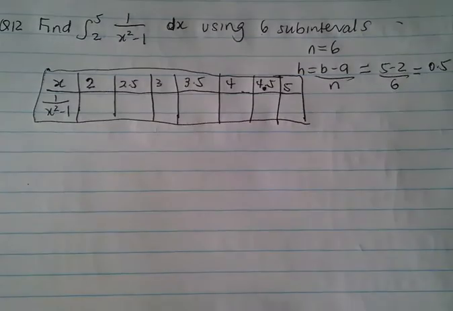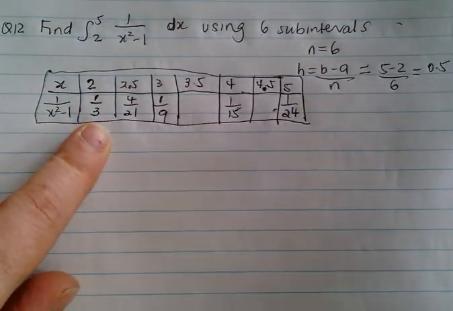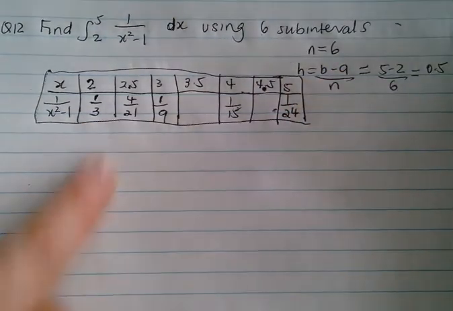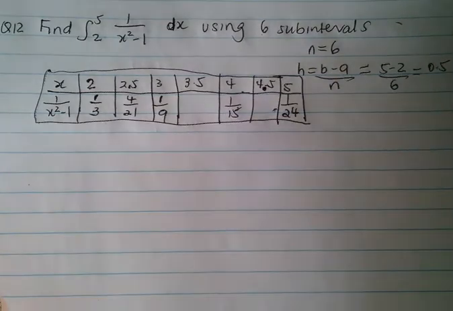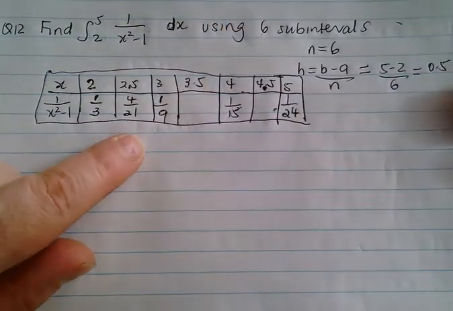I'll give you a minute to do those. The whole number ones for 2, 3, 4, and 5, you can just do very quickly in your head. And for 2.5, 3.5, 4.5, please write them as fractions. Don't write them as decimals because it's much easier to enter. Otherwise you can end up with rounding errors, especially if we want the answer to 2 or 3 decimal places. You'd have to write them to at least 3 or 4 decimal places.